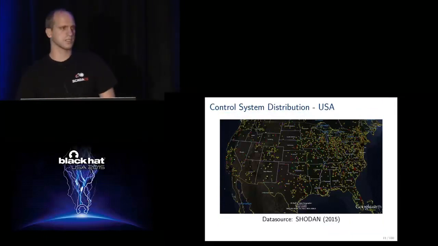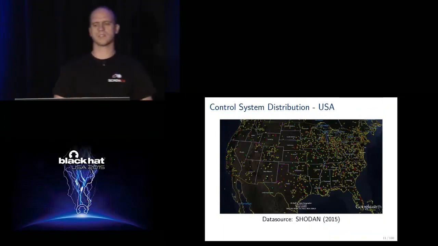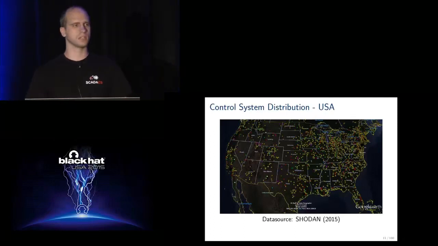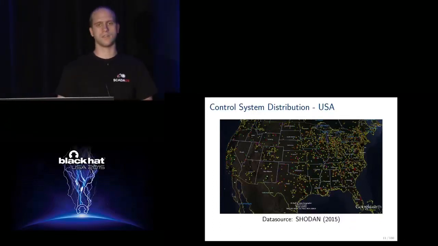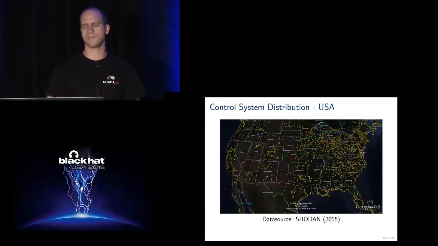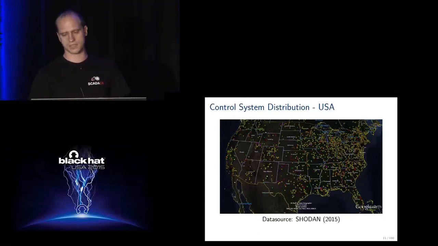Here, yellow dots are building management systems. Because we are Germans, we know which control systems are used in Germany, and we may not know the control systems in the USA so well, but we have found a lot of building management systems. But even building management systems are very dangerous when you hack them. Think of a pharmacy. If you increase the humidity of the environment, you can maybe throw away a lot of pills. So building management systems are also very important.